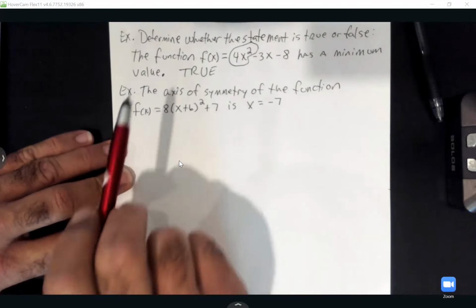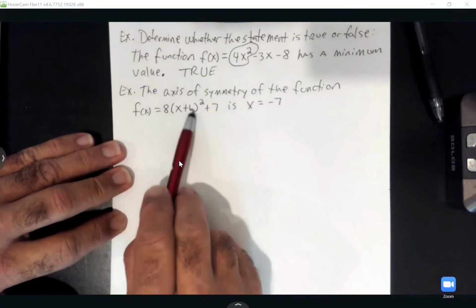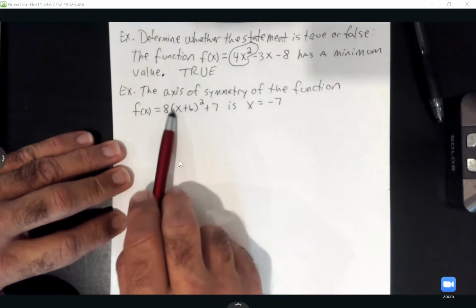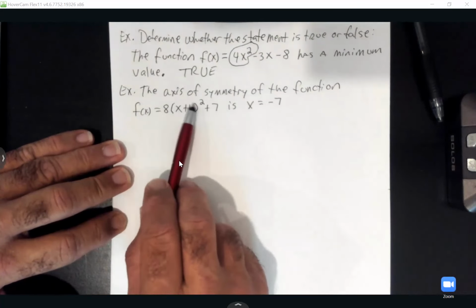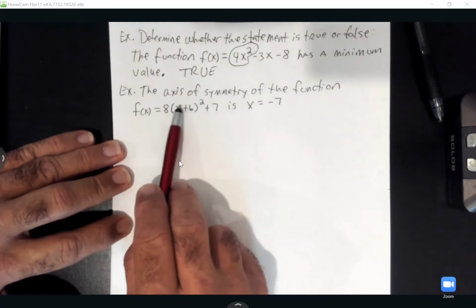So y'all, the trick on this one is to focus on this x plus 6 in these parentheses.